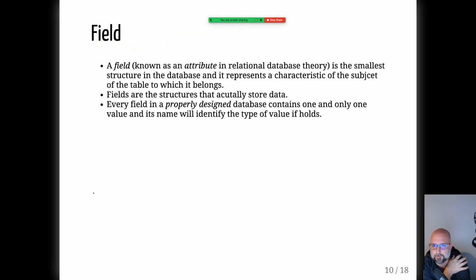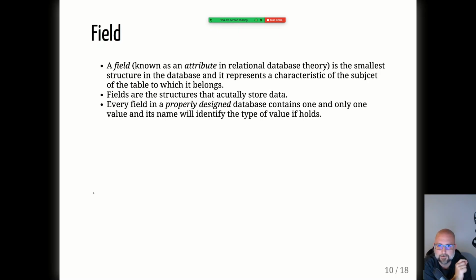Fields or attributes. So even the book is using multiple terms for this. We said columns, field, attribute. They're all the same. I have a typo. It represents the characteristic of a table because in a relational database model, the attribute is defined at the table level, which dictates what values the record must show.